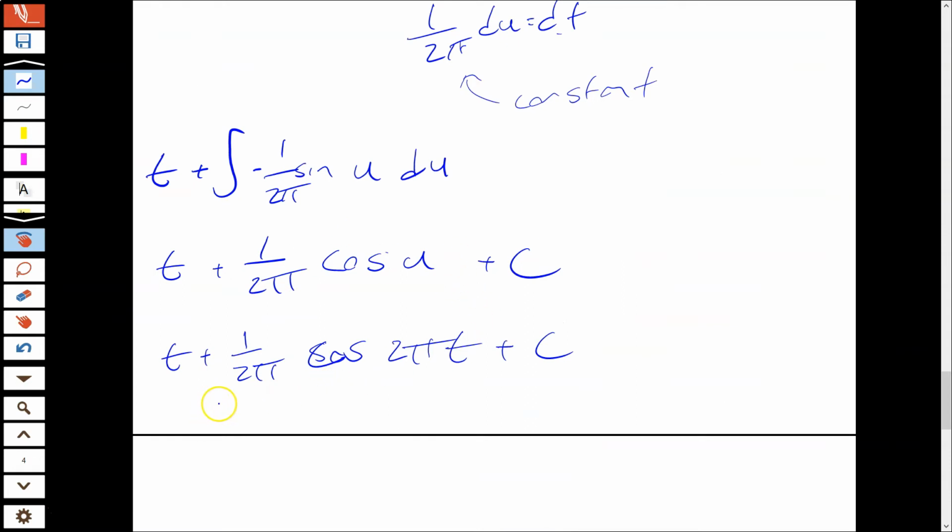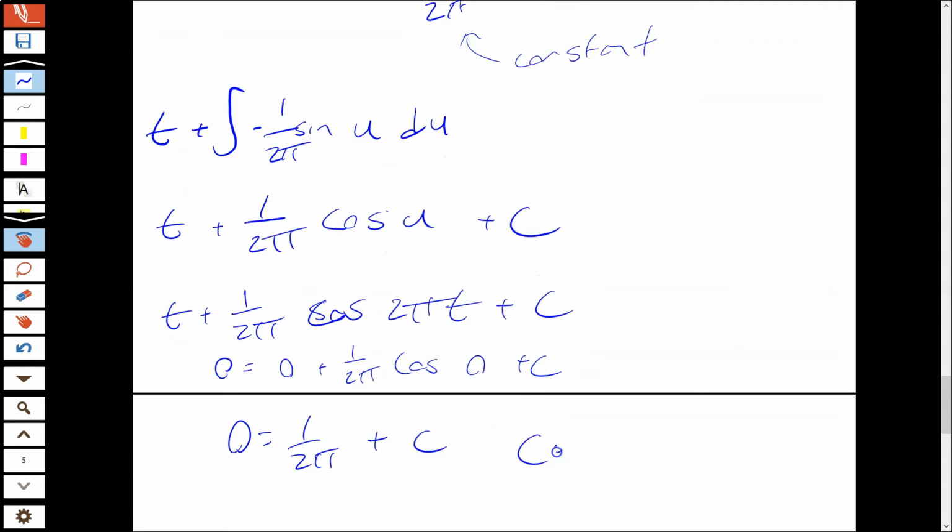So we're going to say 0 equals 0 plus 1 over 2 pi cosine of 0 plus c. And this is easier than it looks. Actually, I'll come down here. So cosine of 0 is 1, right? So I get 0 equals 1 over 2 pi times 1 plus c. Well, that means c equals negative 1 over 2 pi.